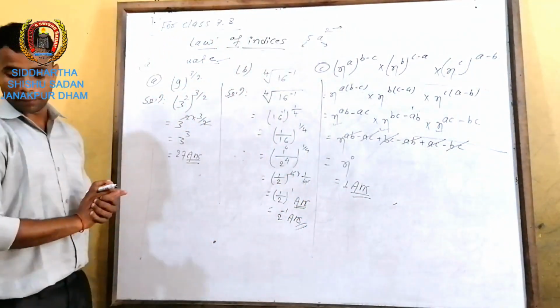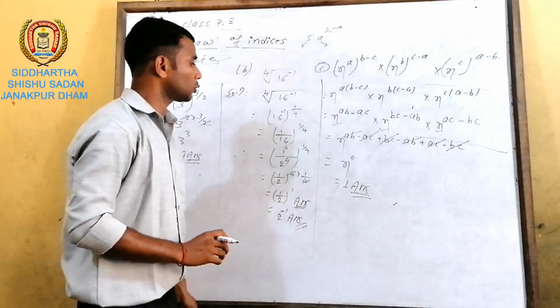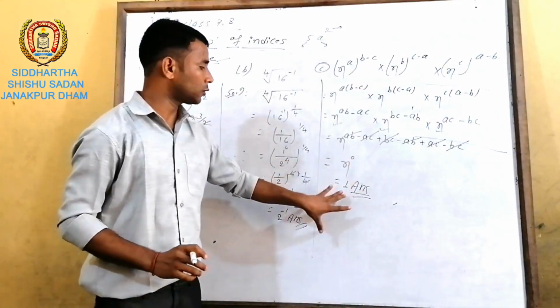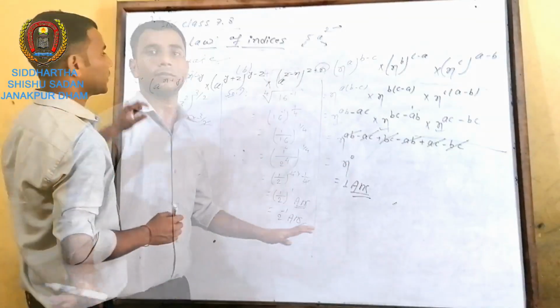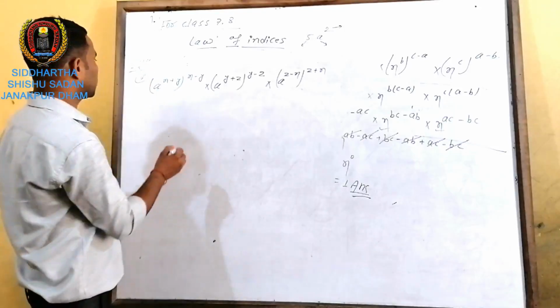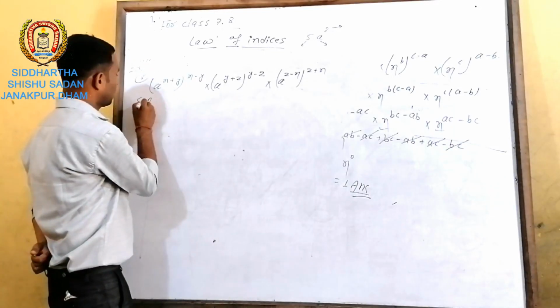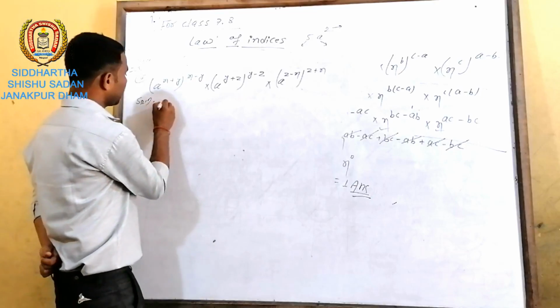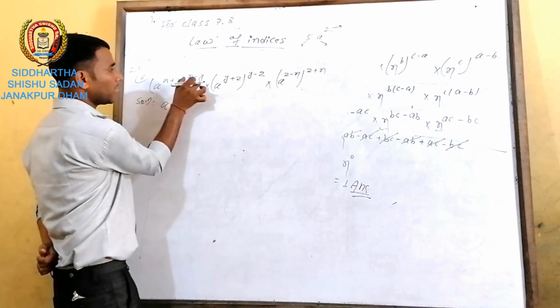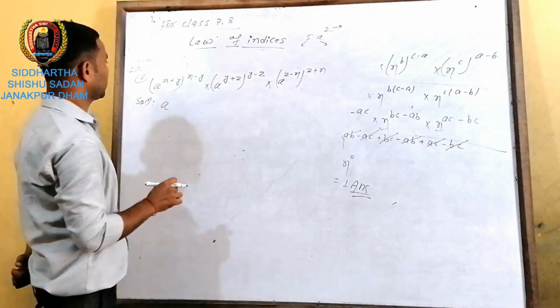We can do this type of problem. x to the power 1 is equal to 0. Next, simplify. Also we can do a to the power (x plus y) into (x minus y).